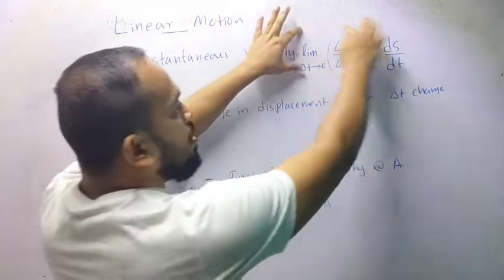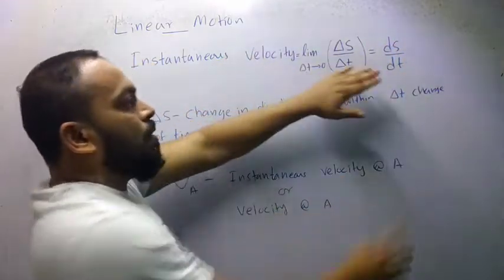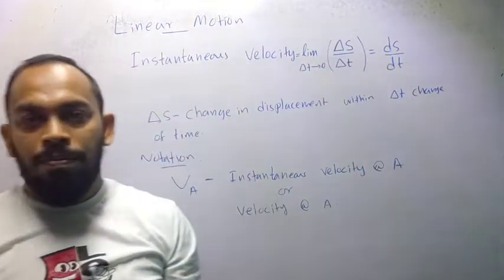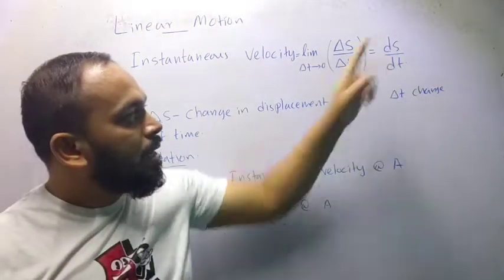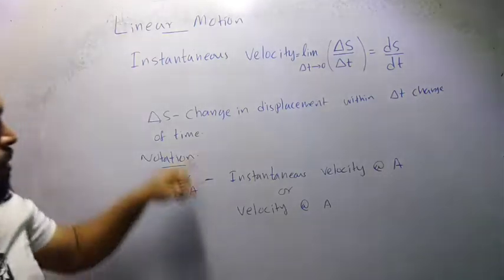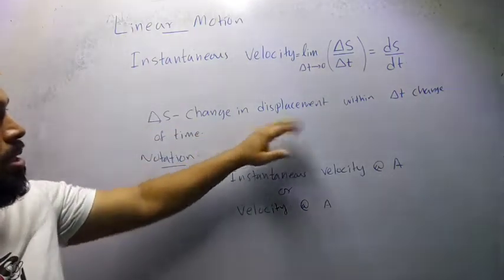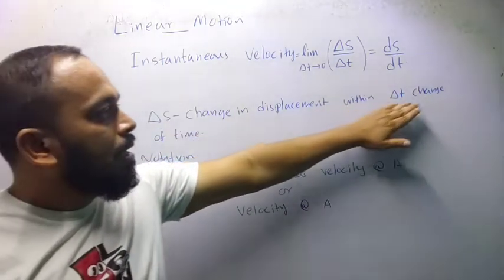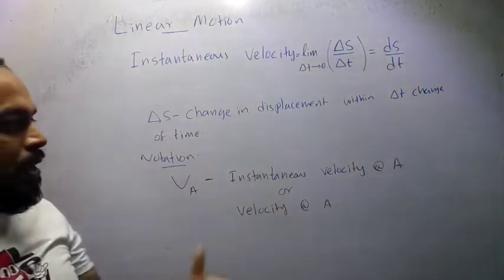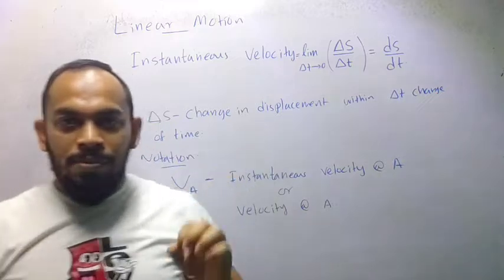This definition comes from derivatives. This is called the differential coefficient. So ds by dt: what is s? s is the displacement, t is the time. Here delta s is the change in displacement within delta t change of time, so we can use this notation. Now this is the instantaneous velocity.